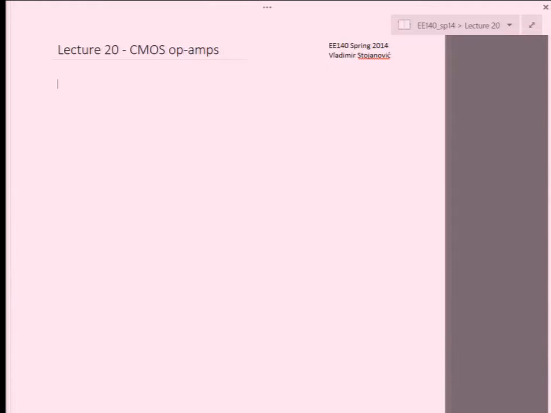All these things come together when you try to design a CMOS op-amp. We're going to look at all these features, offset, common mode gain, and common mode rejection ratio, in the context of a CMOS op-amp and its topologies. A lot of it should already be familiar from the pieces we've done so far.